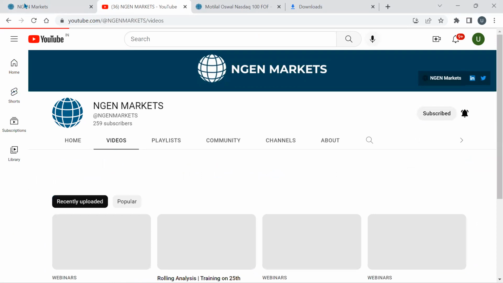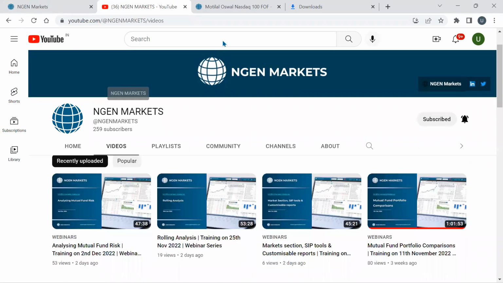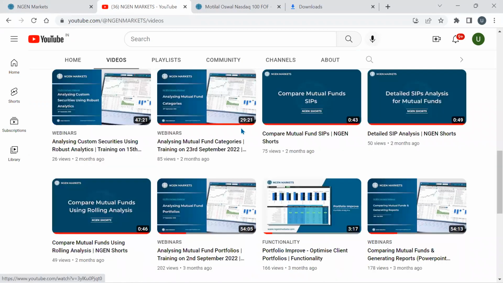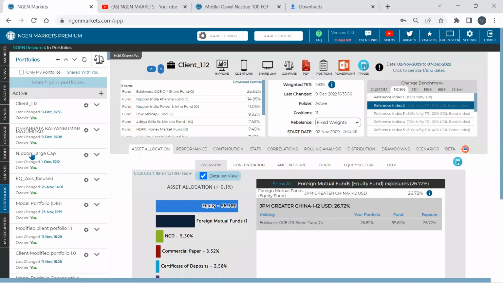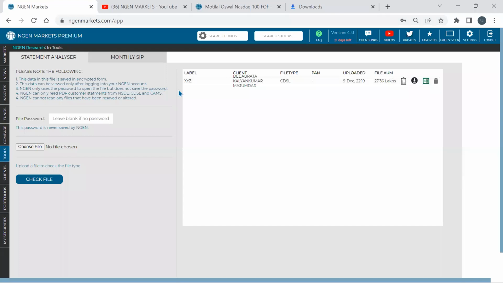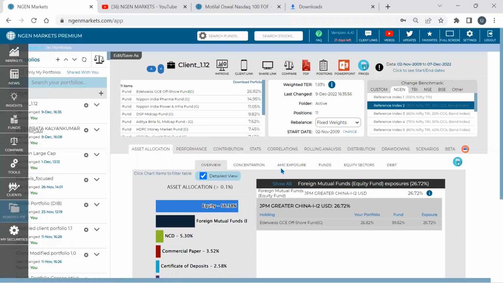Another question is: NSDL CAS file uploaded, how to map it to a client created? Once you upload the file, it is just saved in the statement analyzer section. You can load it and save it in the portfolio section. So go into the portfolio section and load the portfolio. Just click that, and now you can see the holdings have been imported, the name has been put.